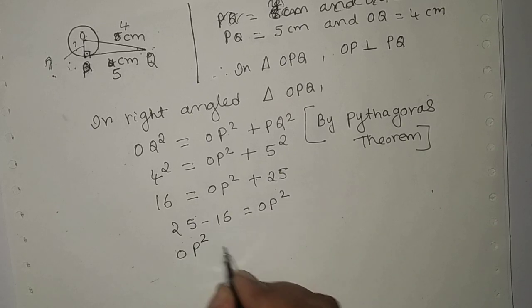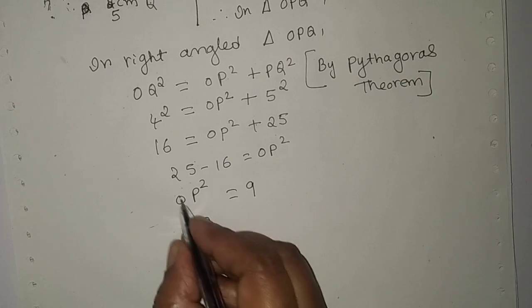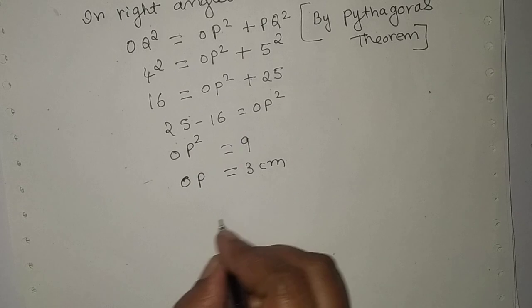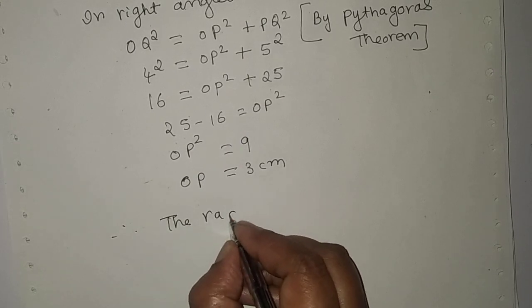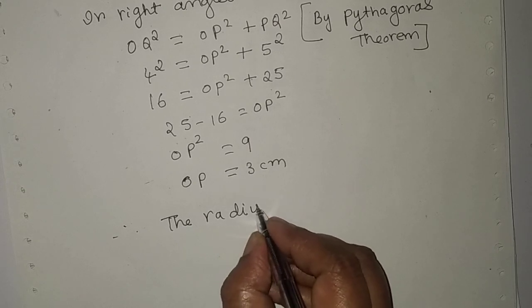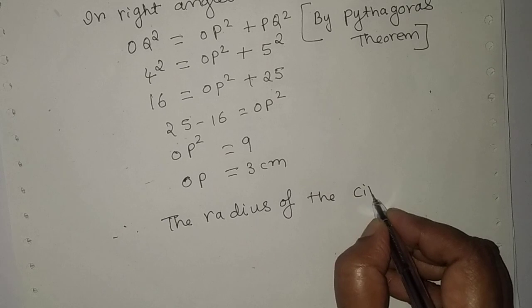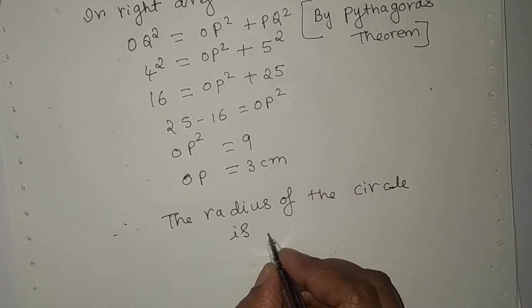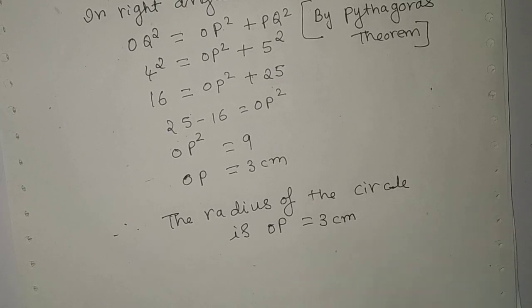Therefore OP square is equal to 9, then OP is equal to 3. Finally, the radius of the circle is OP, which is equal to 3 centimeters.